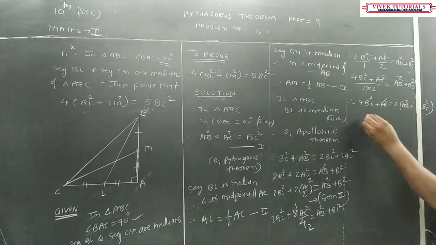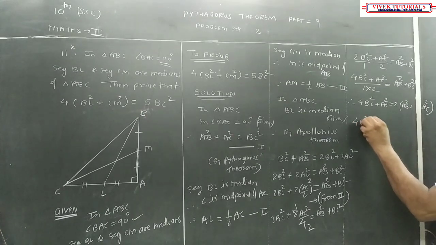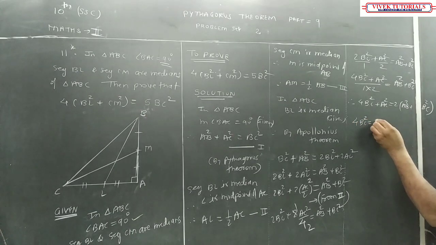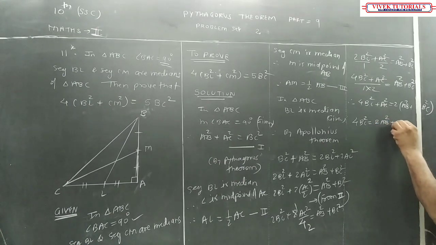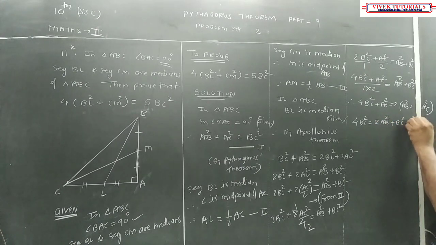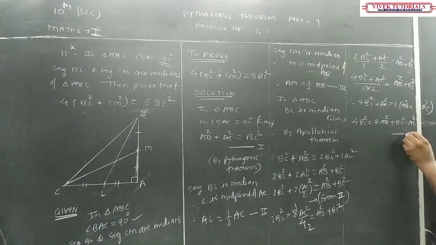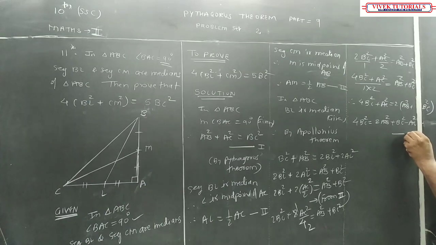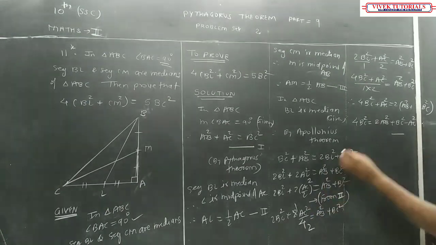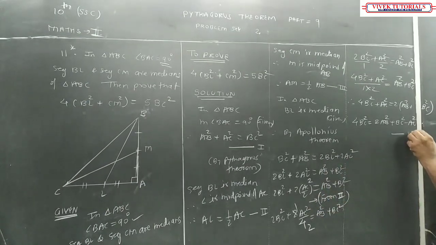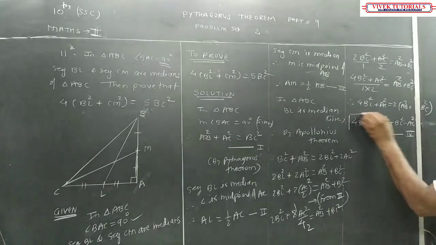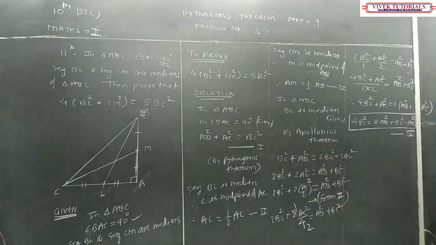Okay, so what you got is 4BL square is equal to 2AB square plus BC square minus AC square. This is equation number 4. This is again a very important equation.